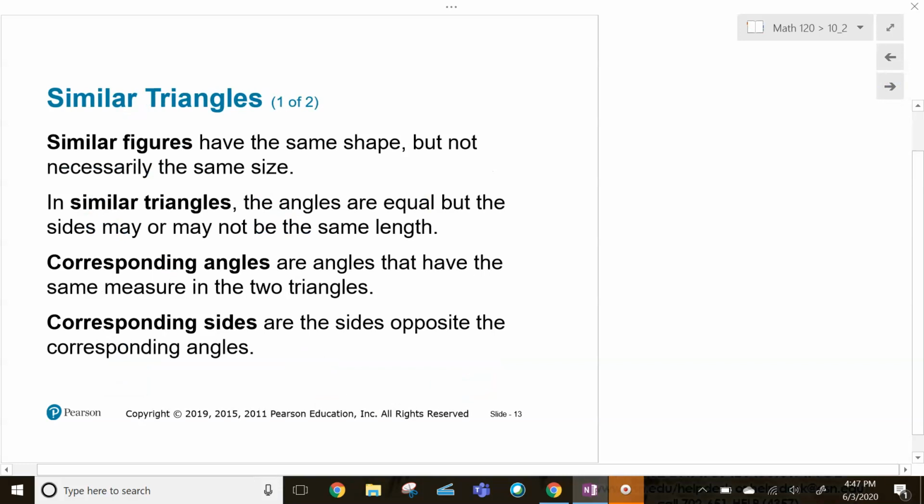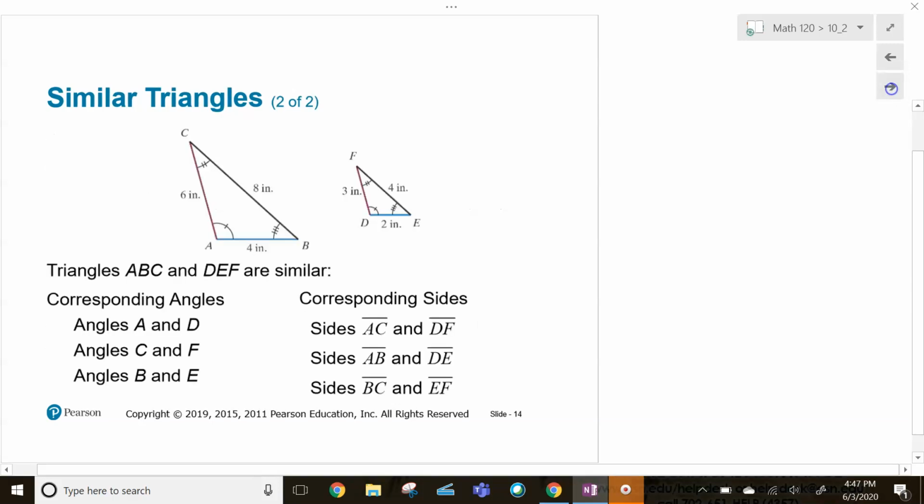So similar triangles have the same shape, but not the same size. So they have corresponding angles. Their angle measurements are equal, but the side lengths could be different. So here's just kind of showing that. You see how angle A corresponds to angle D. So maybe both of them are like, I don't know, 100 degrees or something like that.